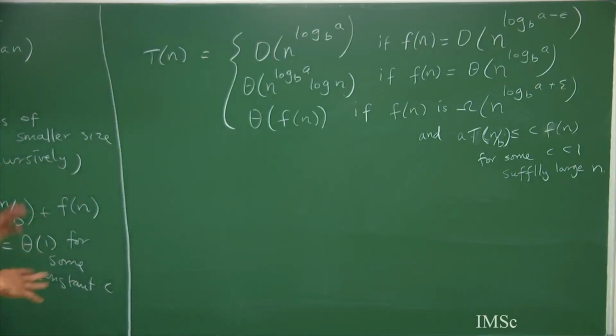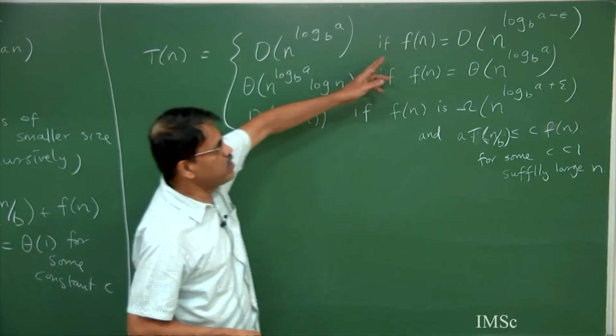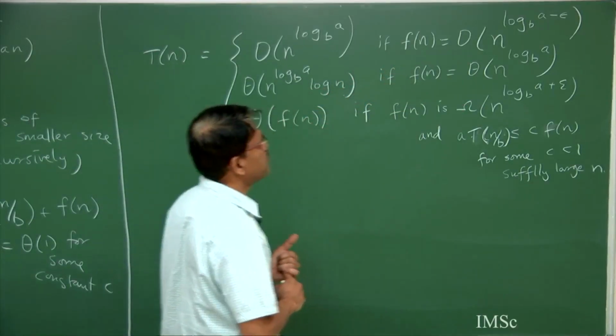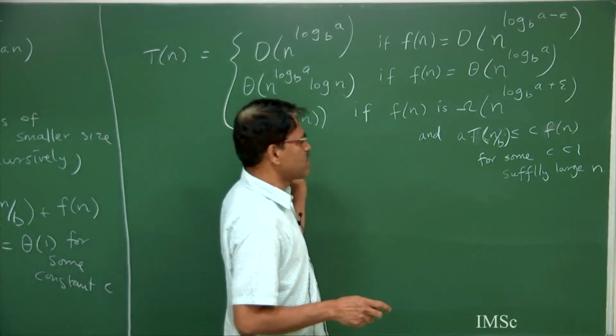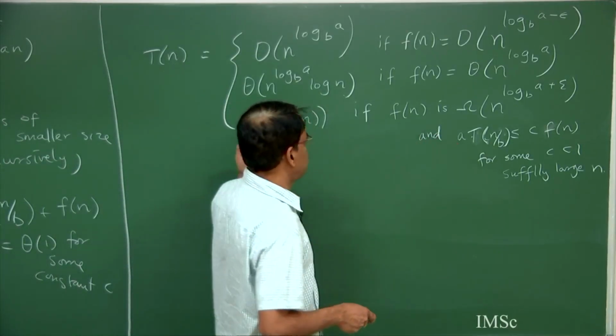Keep expanding it, and you have this huge series, and the sum of the series will turn out to be one of these, depending on how f of n and n power log a to the base b compare. This is some little technical condition you need when you sum the series to show this.